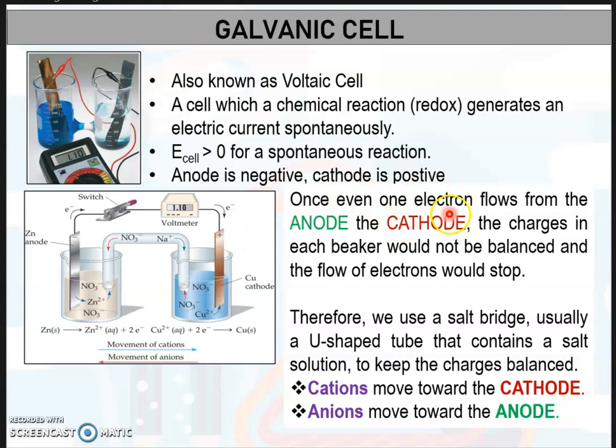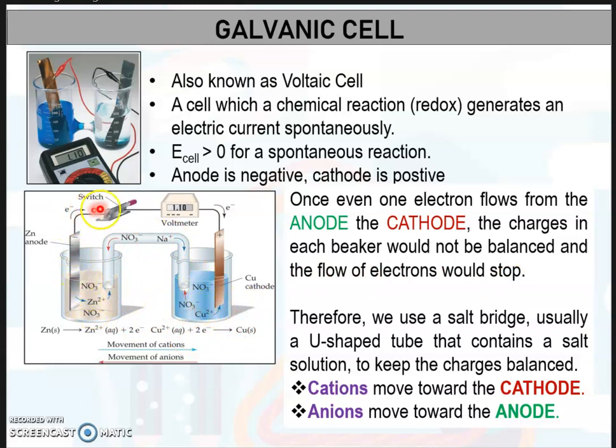Once electron flows from the anode to the cathode, the charge in each electrolyte, in each beaker, will not be balanced and the flow of electron will stop. If the electron flows from anode to cathode, electron will reach the cathode and there is no more electron. So in order to balance this, so that the reaction will not stop, we need the salt bridge to balance back the charge in each beaker.